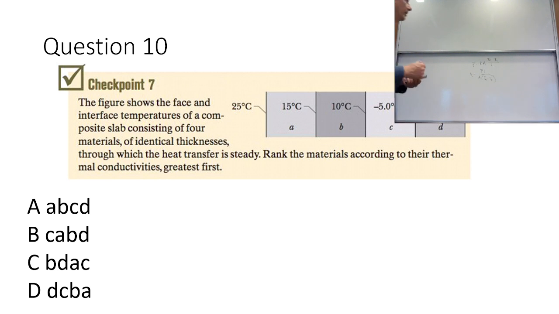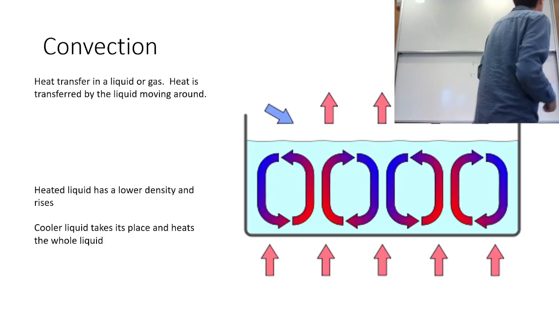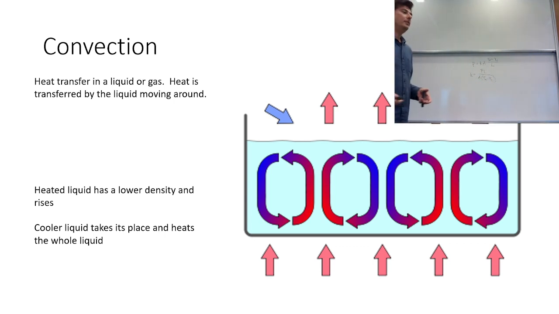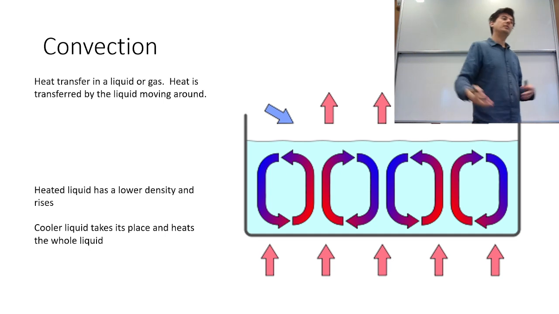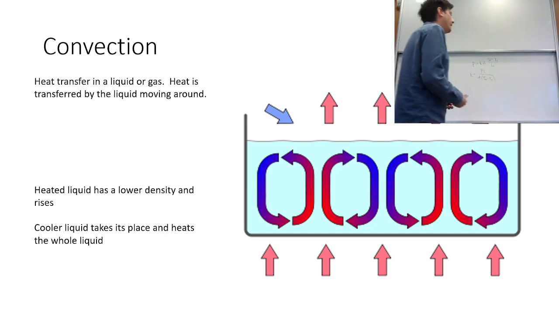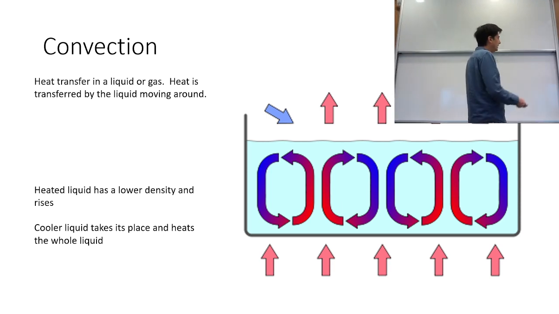Okay, so alrighty. So that's conduction, and then we learn in primary school that heat is transferred by conduction, convection, radiation. We're not really going to say much about convection. You probably already know what it is.